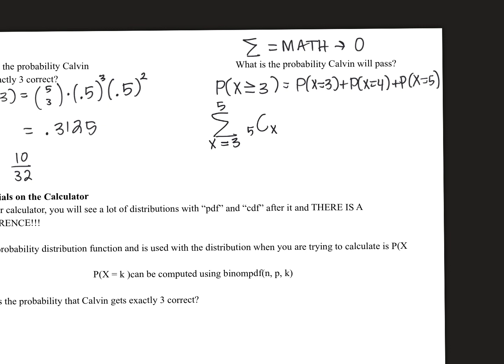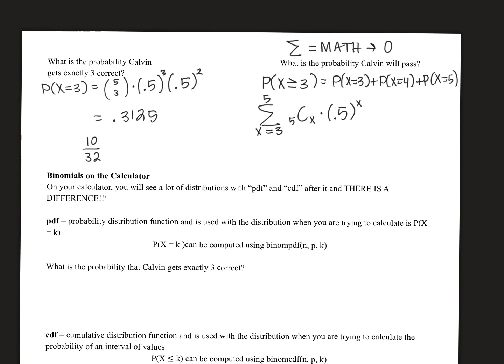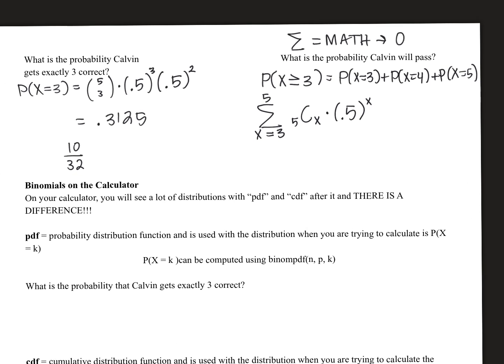So 5 choose x times probability of success 0.5, and then that's to the power of x. And then times the probability of failure, 0.5 to the 5 minus x.